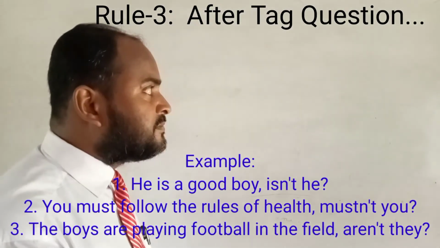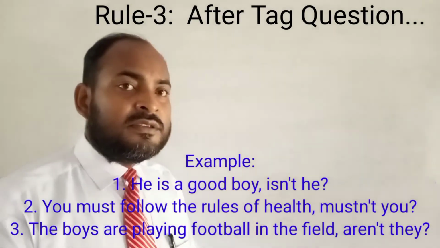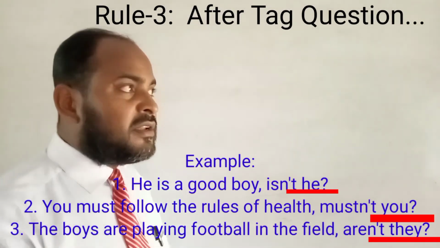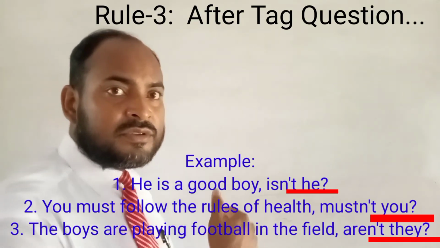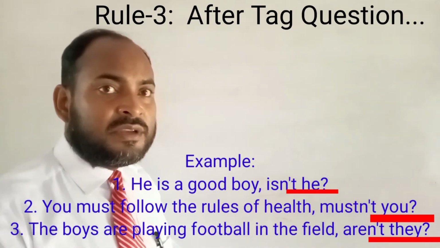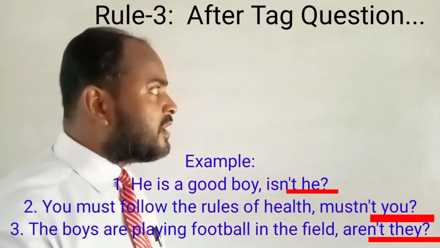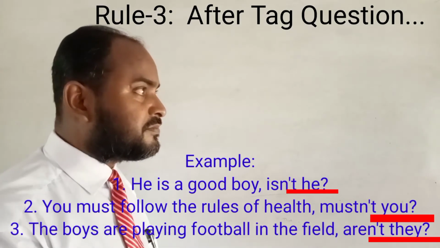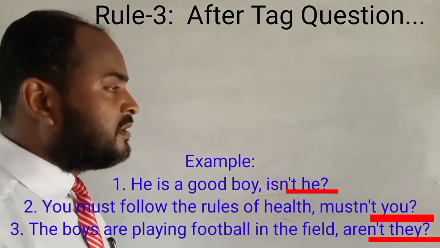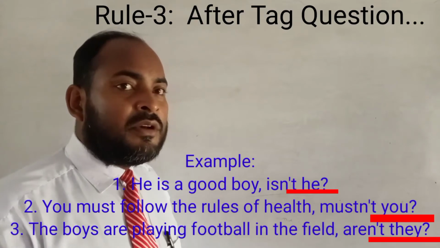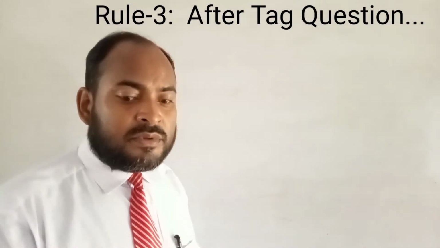My dear learners, all these are tag questions, and at the end of a tag question, that means after a tag question, we have to put question mark or note of interrogation. Basically, at the end of all types of interrogative sentence, we have to put note of interrogation or question mark.